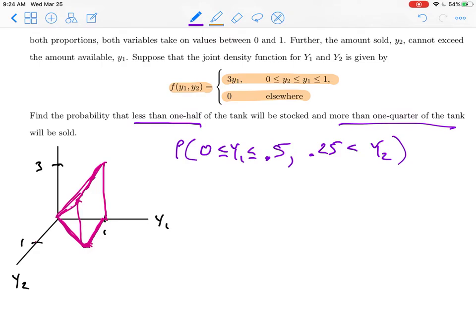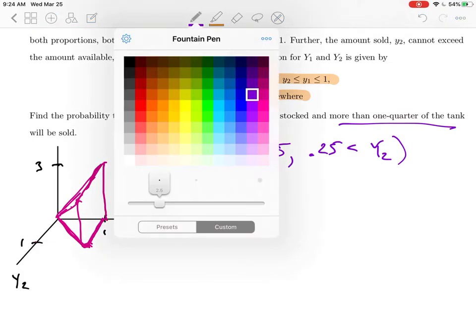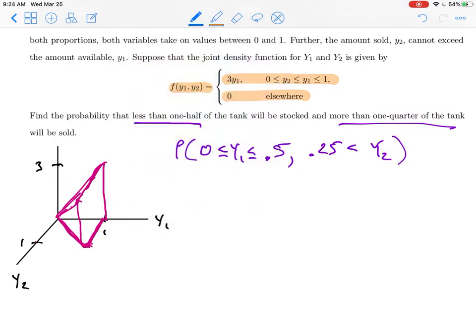Now here, because of the way the problem is set up, if we're looking at the probability that our value of y2 is more than 0.25, it will only be more than 0.25 if our value of y1 is also more than 0.25, right? So we can't sell more than 25% of the stock if we don't have at least 25% of the stock available.